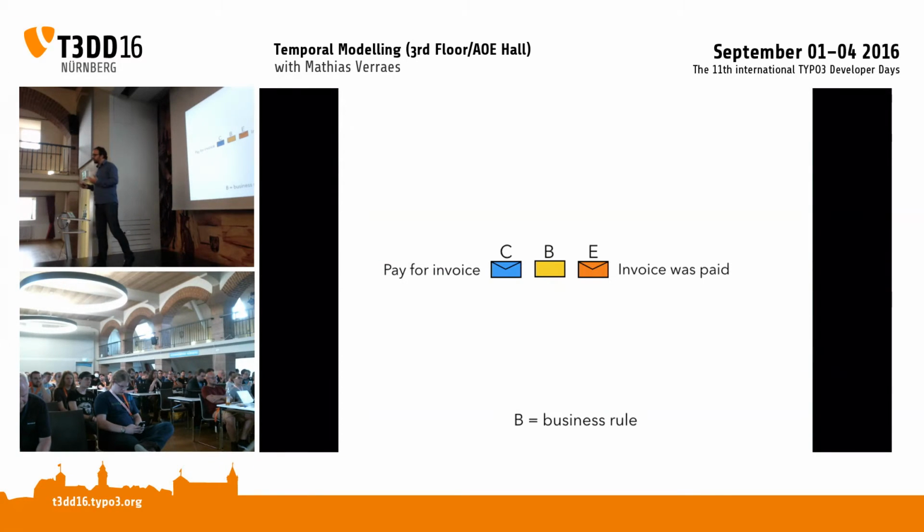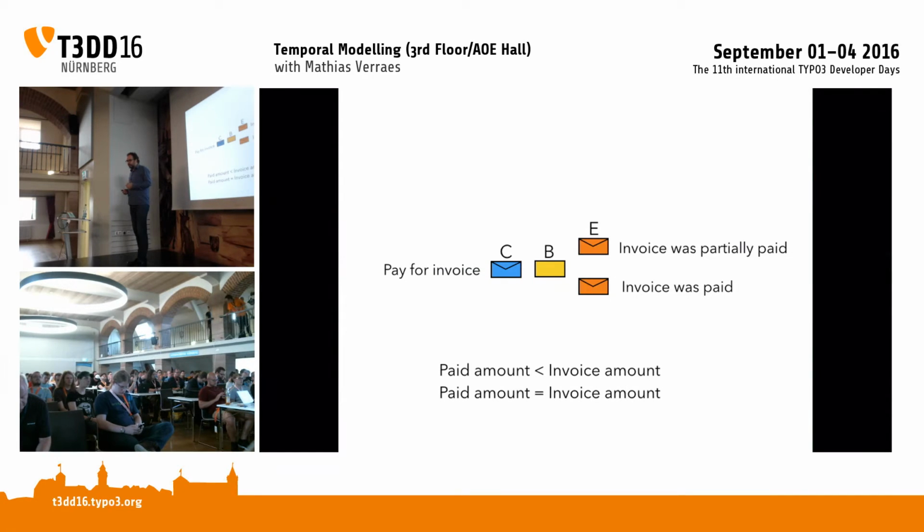And then we can ask ourselves, when we have this command, so this is somebody asking the system to do something, but this might fail. This might fail for technical reasons, of course, database connection lost, but we don't care about that here. We're modeling processes in the business. But it could fail for some reason, and that reason is a business rule. What could the business rule here be? Well, something as simple as the paid amount should be equal to the invoice amount.